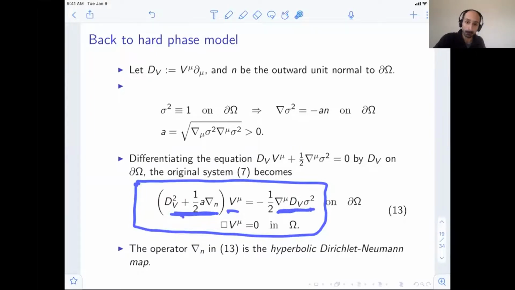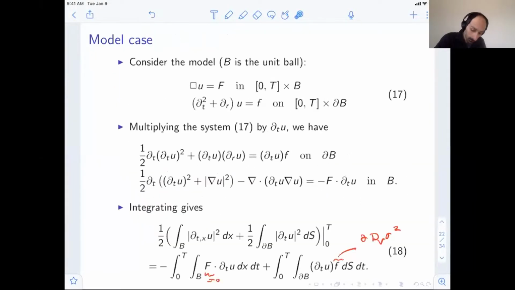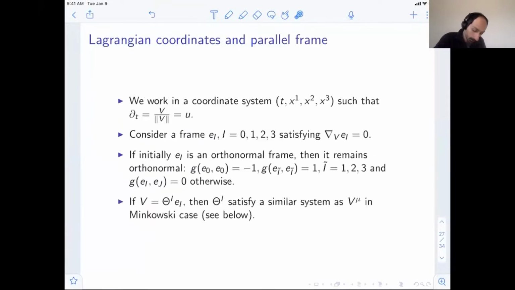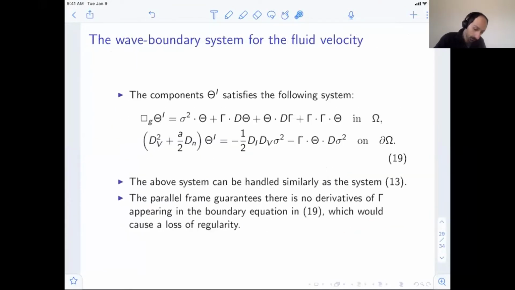Okay, so in the case now of GR, in this frame that we've chosen, it's going to be something similar. I've started with the interior equation. Box of theta i is going to be something of this form, which is at the level of one derivative of the fluid velocity and connection coefficients, and up to one derivative of the connection coefficients.